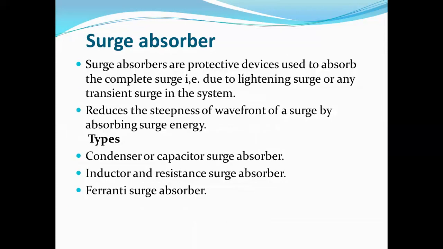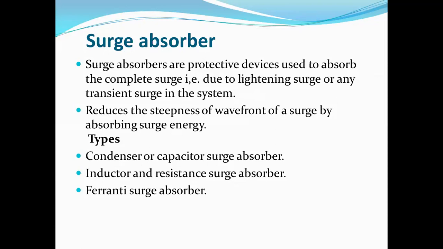Then we have seen the surge absorber. Surge absorber actually absorbs the surge energy and it is not diverting. If the over voltage occurs, then the surge absorber absorbs that energy and it is not diverting that energy to anything.